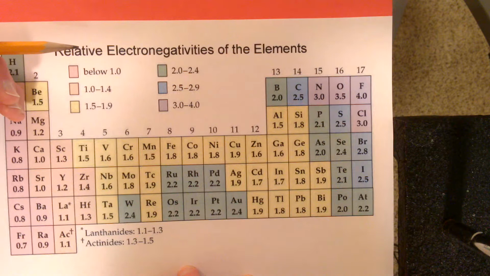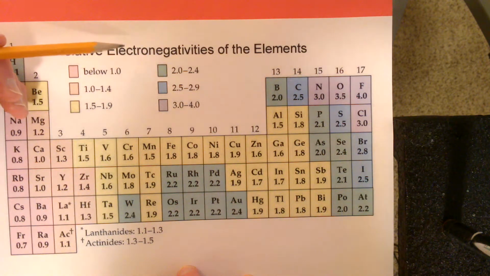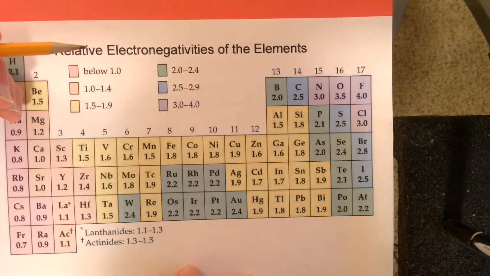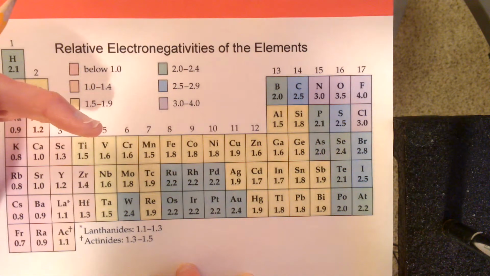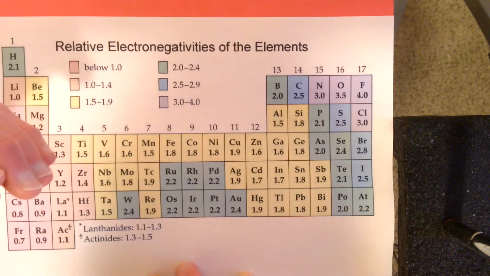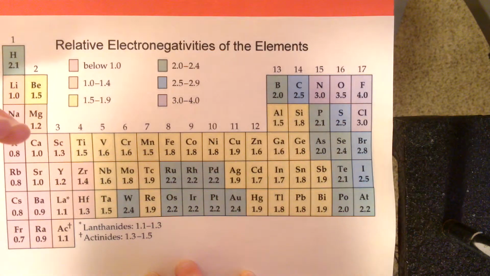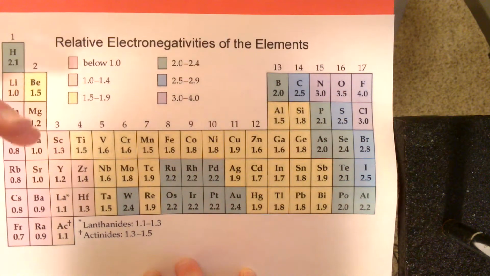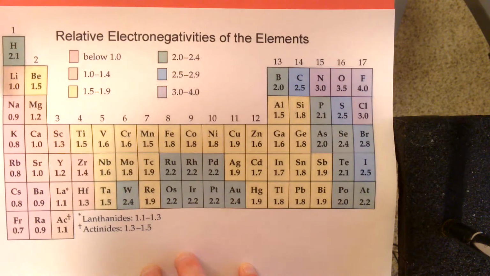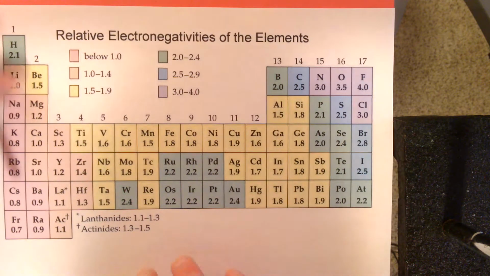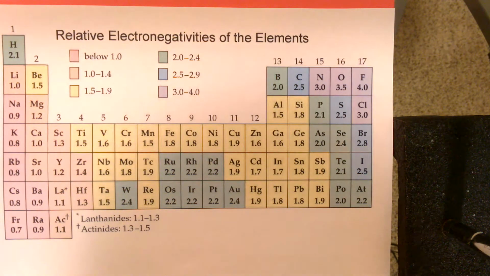Electronegativity is a property that comes into play when you form chemical bonds between different atoms and you want to know who in the bond is really controlling or attracting those electrons to themselves. I often think of it as the greediness in a chemical bond. Which atom is the greedy atom and is attracting those electrons?